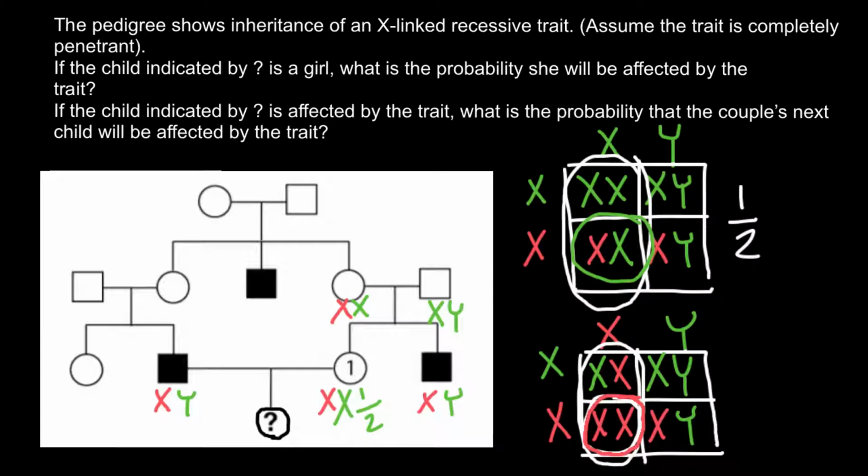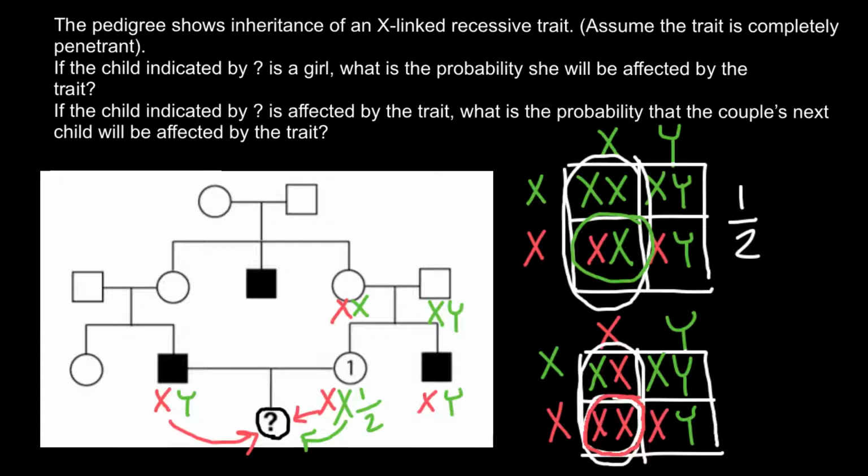She can give either this normal allele or this defective allele. And there is no choice from the father side. Father only can give defective X chromosome. So as you see, once again 50% chances here.